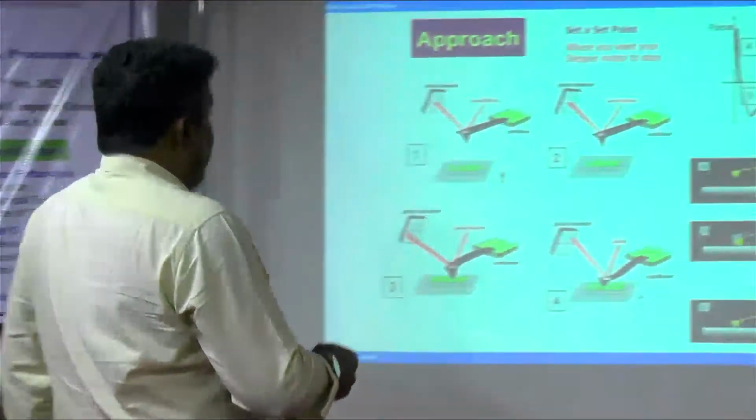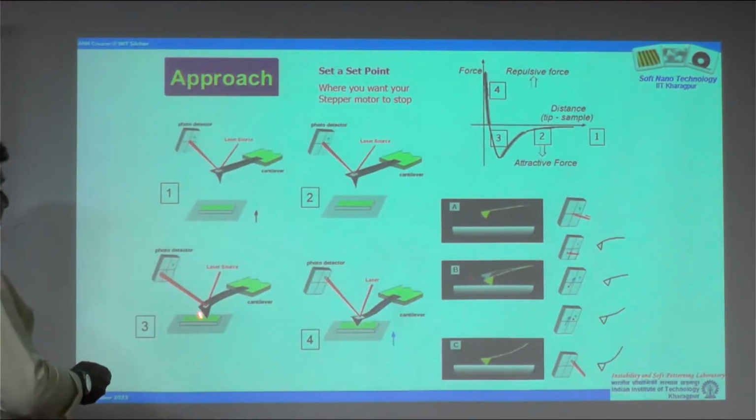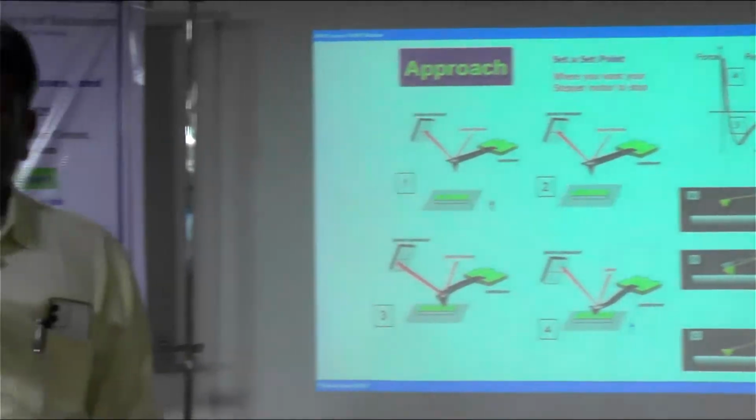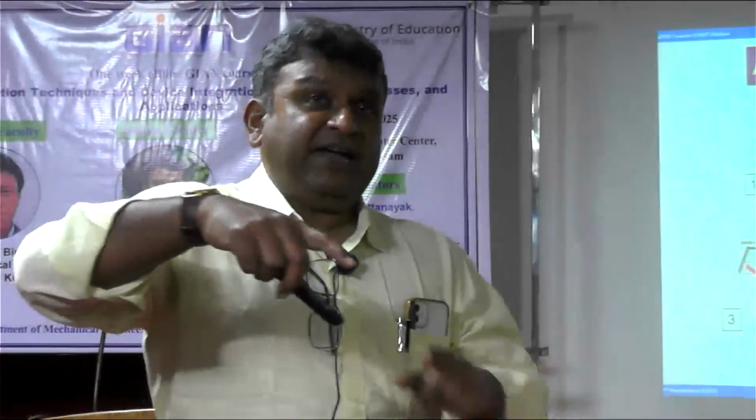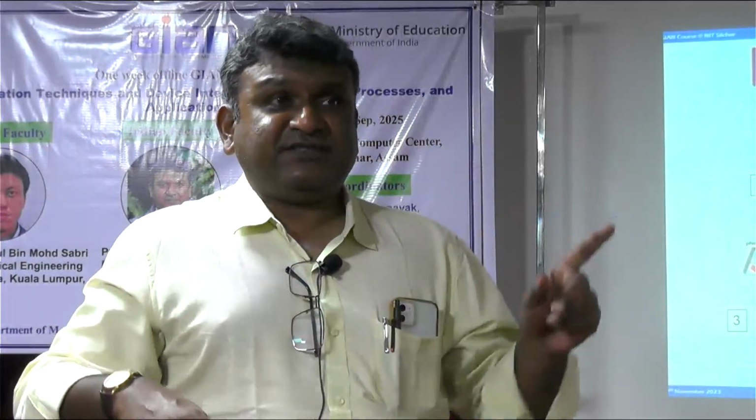So what is now happening is that the tip experiences jump to contact. There is a movement of the cantilever, so the laser light also gets shifted. It does not fall at the center anymore, it falls somewhere else.